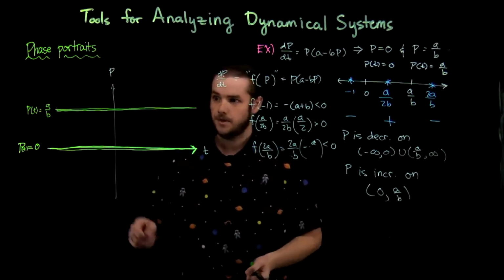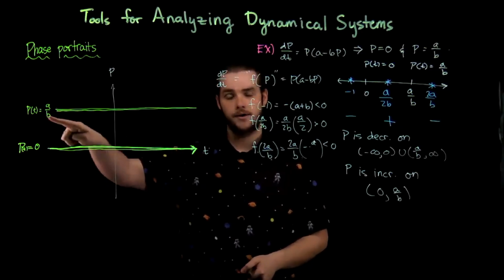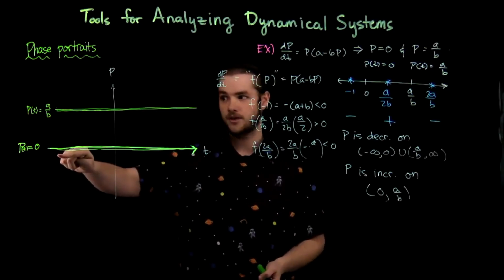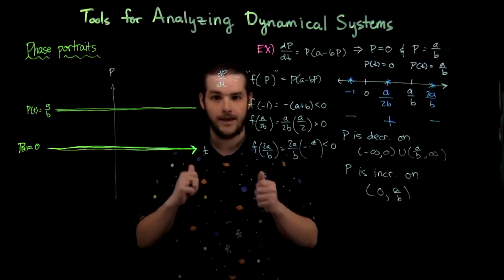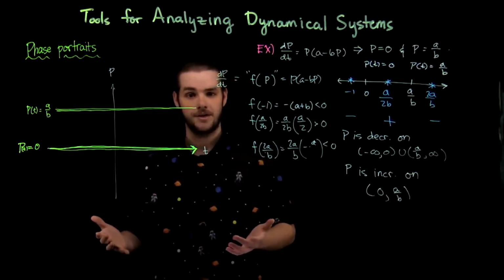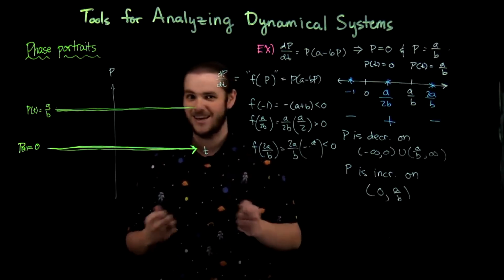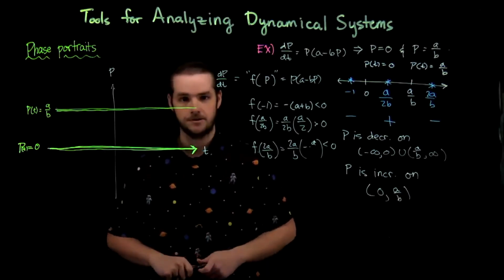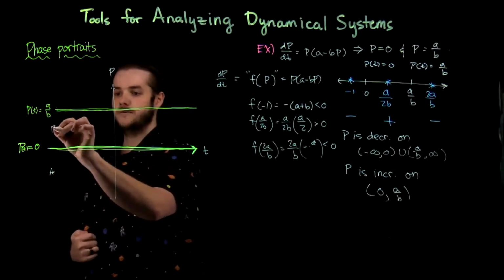So what this tells me is that any t comma p that falls on these two lines gives me 0. And I know that my function p is continuous over the whole plane because it has to be if it's a solution to a first order ODE. So I kind of get that baked in, which is nice. So I have divided my plane into 3 regions, right? I have a region that I'll call A, B, and C.